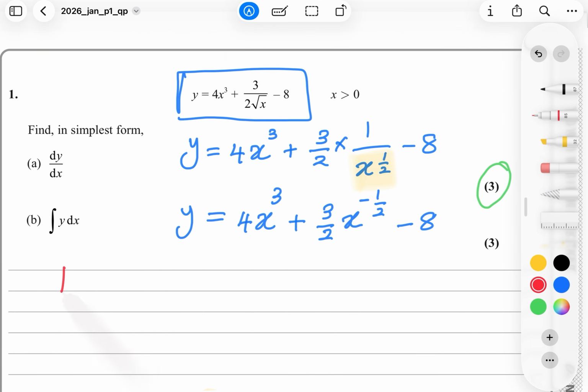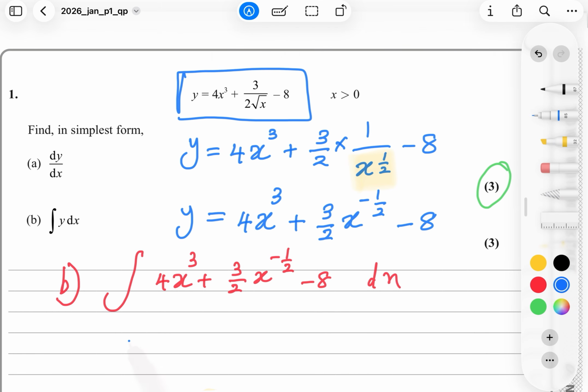For part B, we have to do integration. So we do the integral of 4x to the power 3 plus 3 over 2 x to the power negative half minus 8 dx. This is what we have.